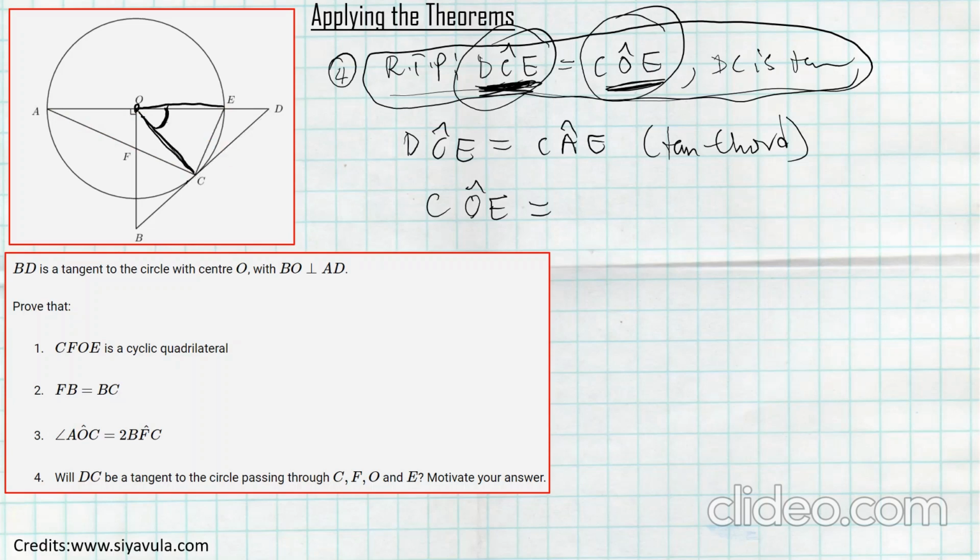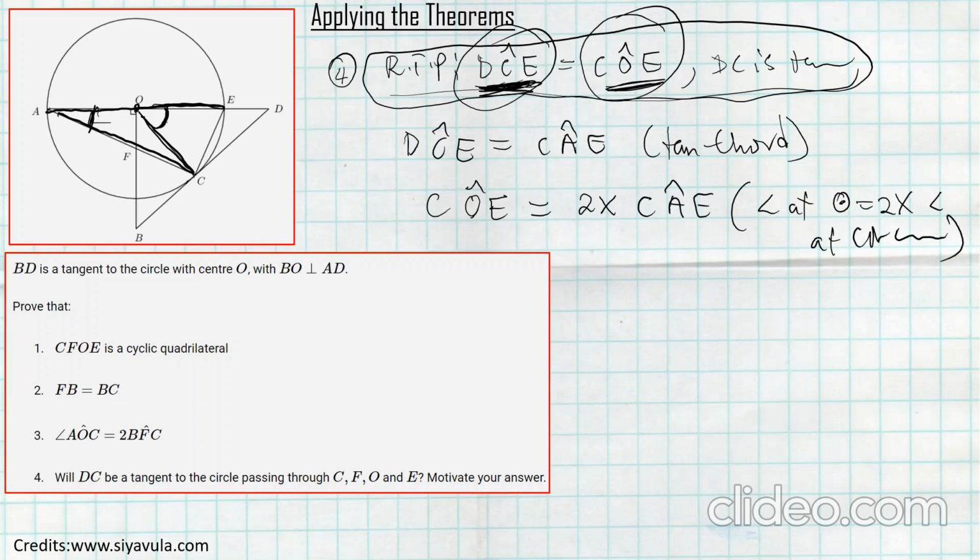We know that the angle at the center is 2 times the angle subtended by the same arc or chord at the circumference. Meaning that we can deduce that angle COE is 2 times the angle at the circumference, which is angle CAE, by the angle at the center being equal to 2 times the angle at the circumference. Okay, can you see now?